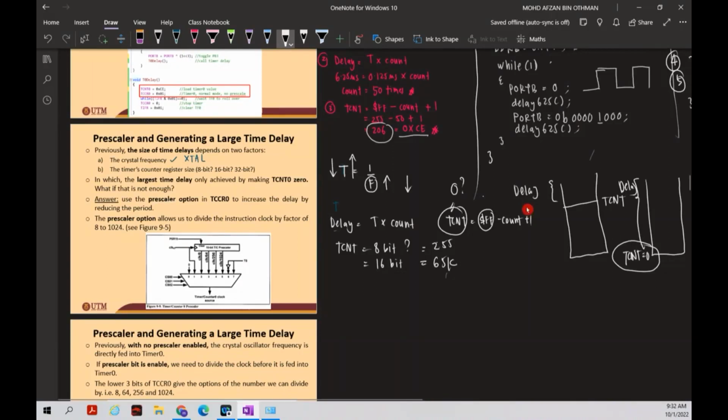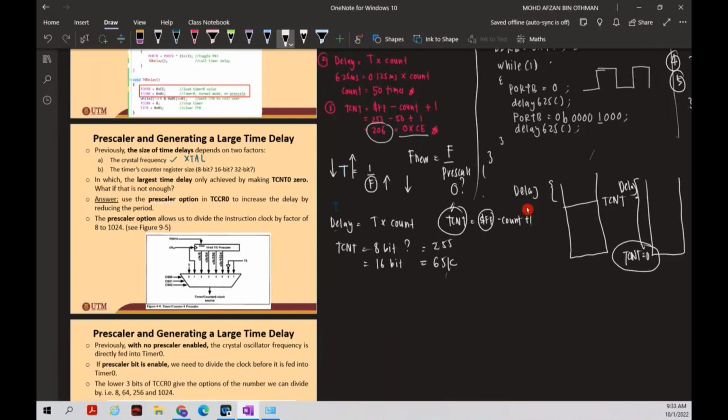Why use the prescaler option? Recall that F new equals F divided by prescale. So what happens if you use a prescale? The F will become smaller.